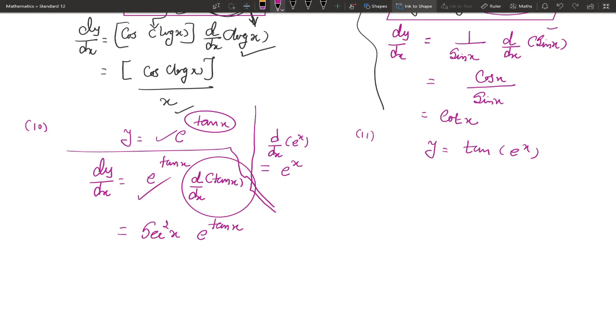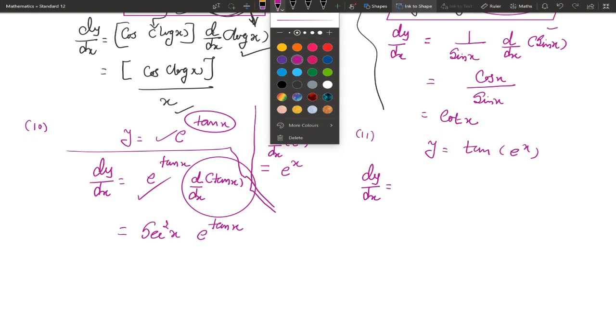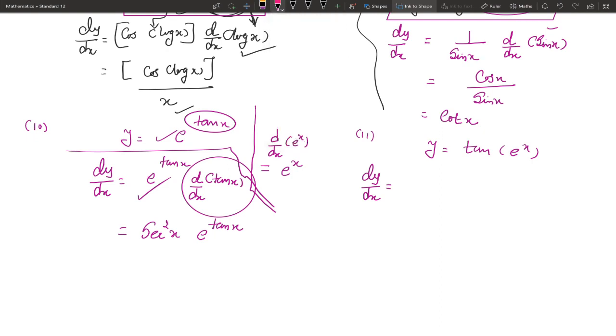Here when we differentiate y with respect to x, dy by dx, so first derivative of tan, it is sec square e raised to x. Use this formula, d by dx of tan x, derivative of tan x, it is sec square x.